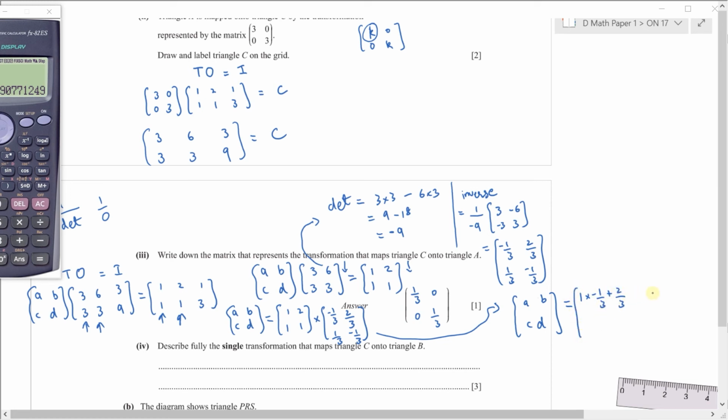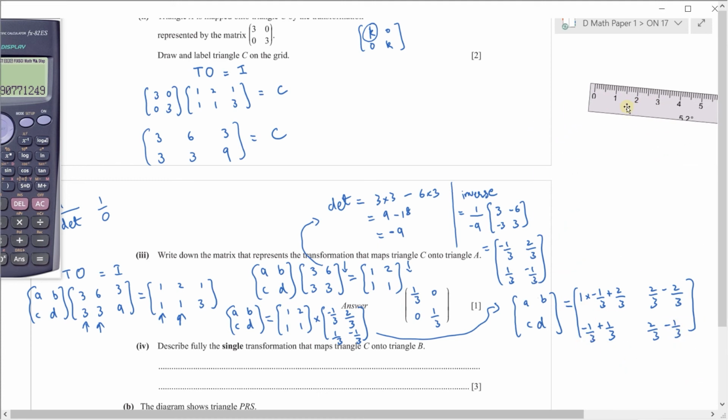This is your first row, first column. Then first row, second column, you will get 2 by 3 minus 2 by 3. Then this row multiplied by this column, -1 by 3 plus 1 by 3. And then this row multiplied by this column will give you 2 by 3 minus 1 by 3.